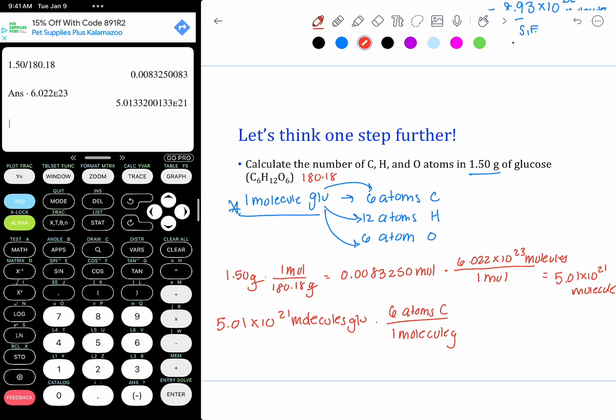So I can use this equivalency: 1 molecule of glucose has 6 atoms of carbon. That cancels out my units of molecules and I'm left with units of atoms.